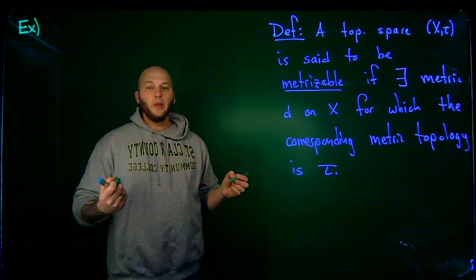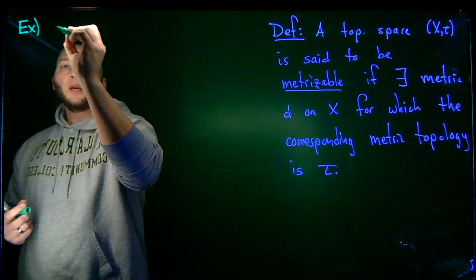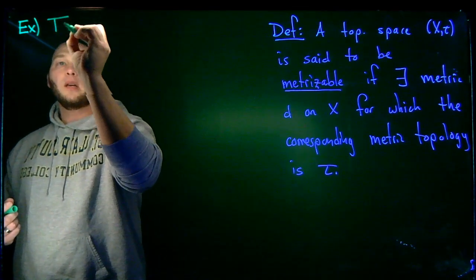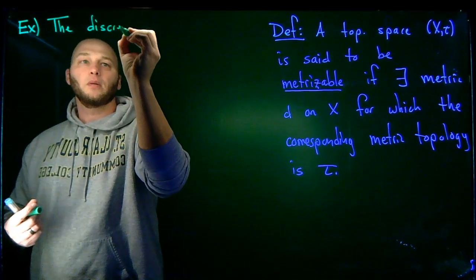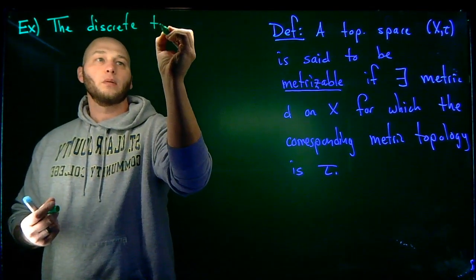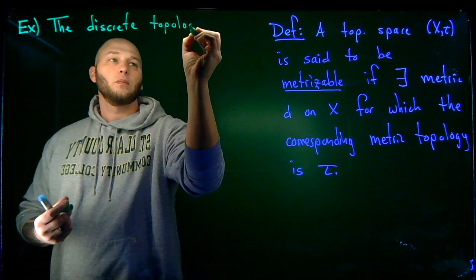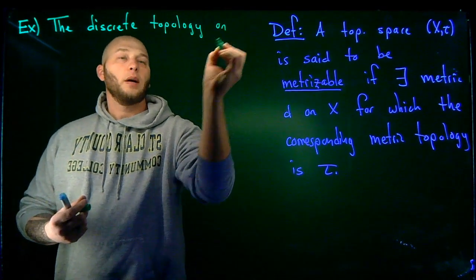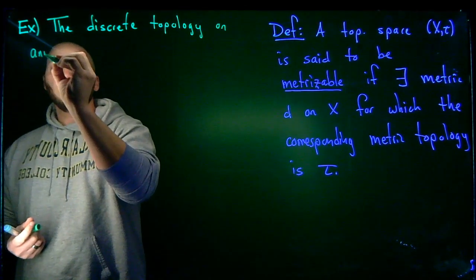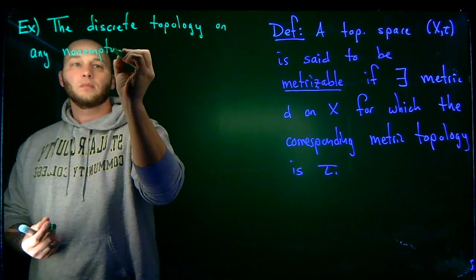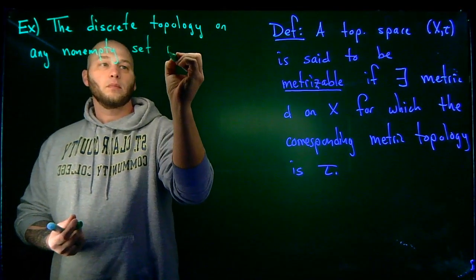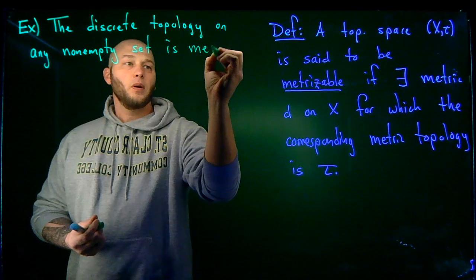So the example that I want to show you is the discrete topology on any non-empty set is metrizable.